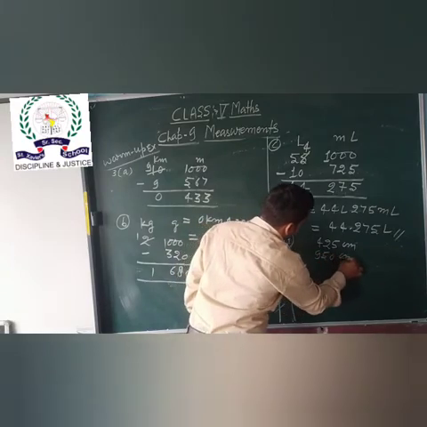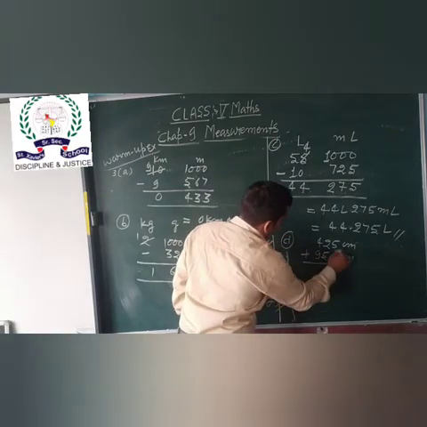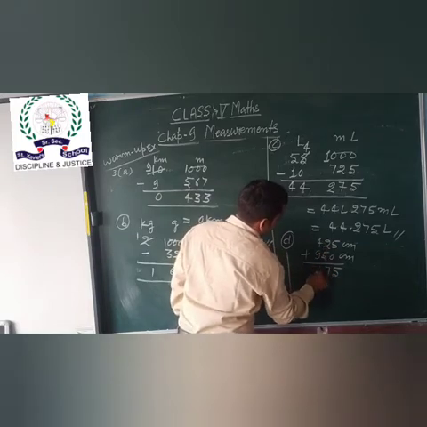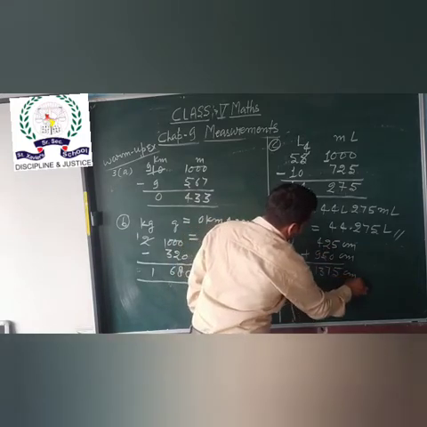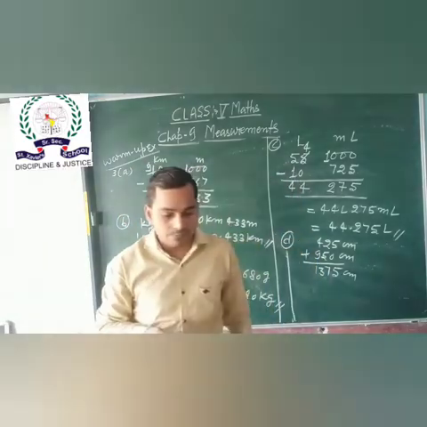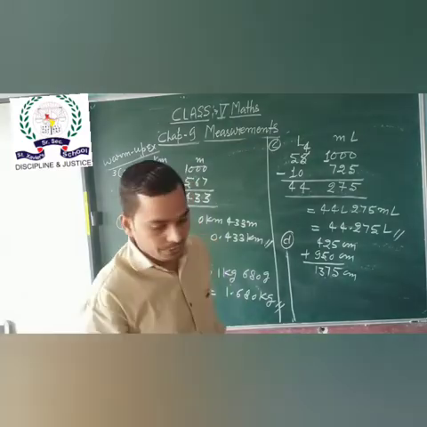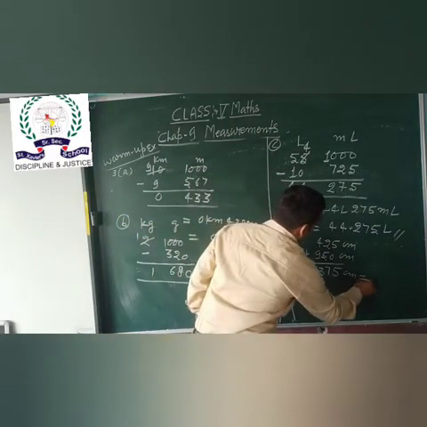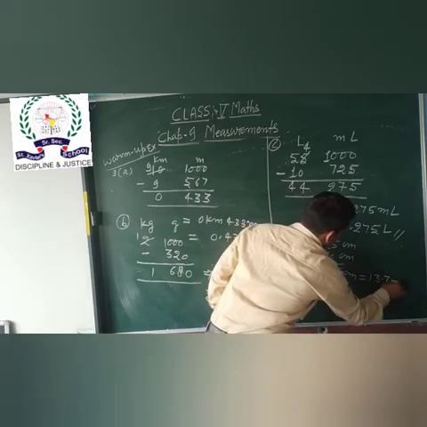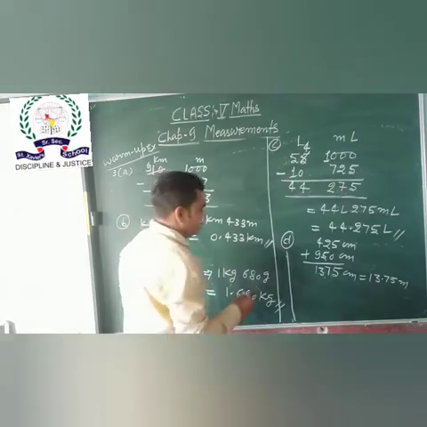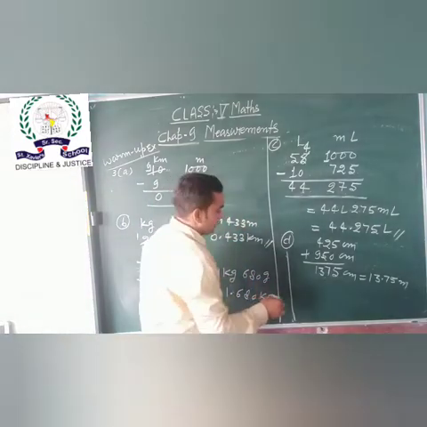So 5 plus 0, 5. 2 plus 5, 7. 9 plus 4, 13. 1375 centimeter. Then subtract from 17 meter. Convert this into meter. So we have 13.75 meter. Then subtract from 17.